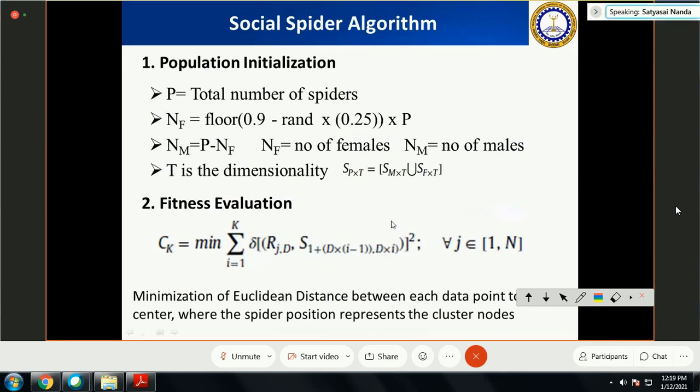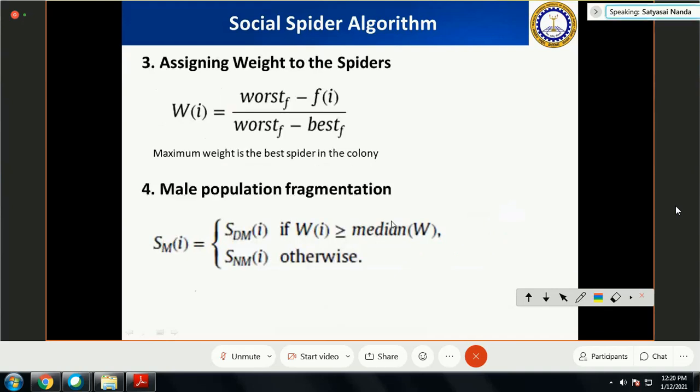If we consider one spider as one set of cluster centers, how effectively it is giving the clustering result is signified by that fitness function. So from this fitness function, we calculate the weight of the spider in the colony. Then for every spider, this weight is calculated.